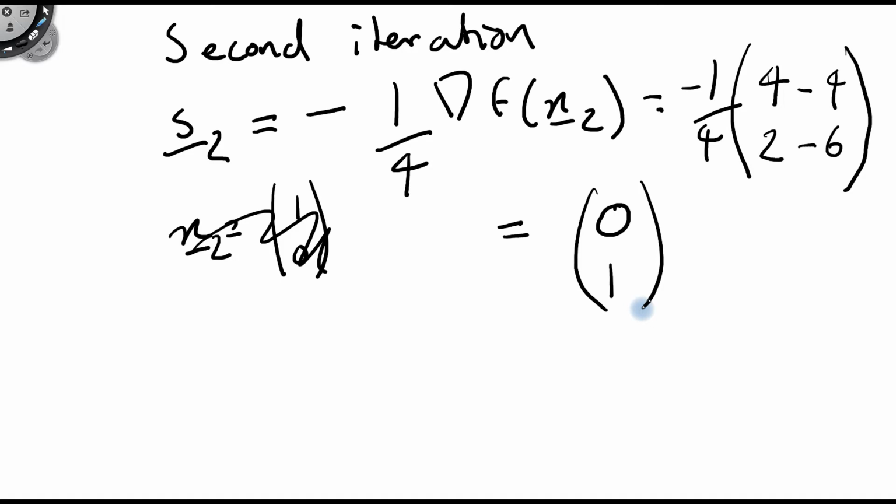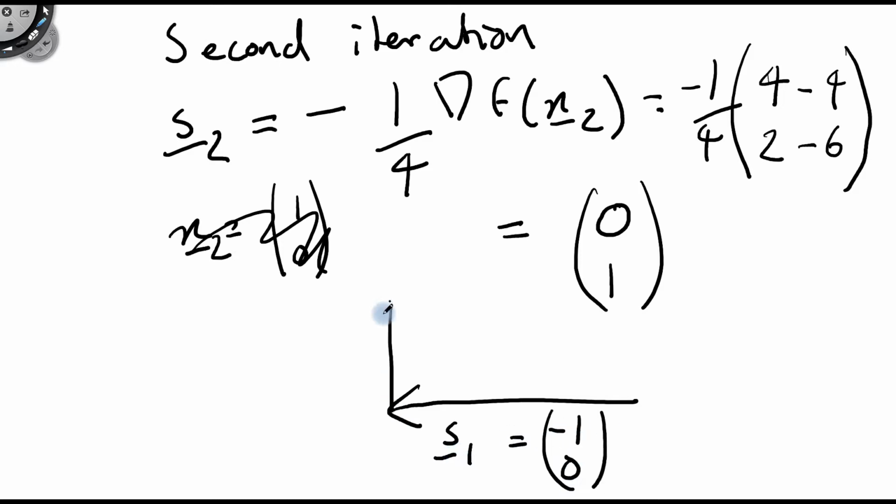So that's interesting, because our first search direction was this way, was -1, 0. Now the second search direction is this way. You may notice they're perpendicular, and that is a feature of gradient descent.